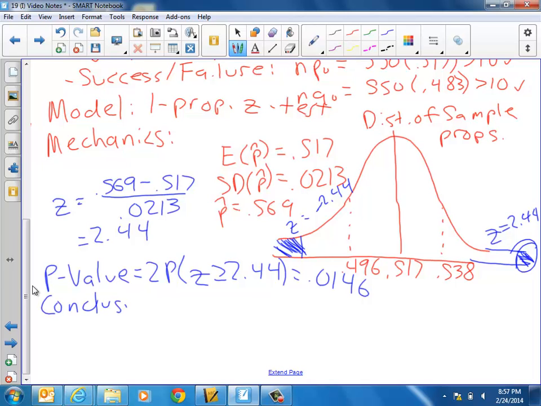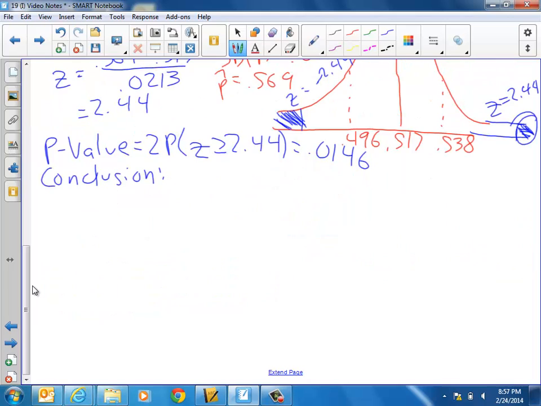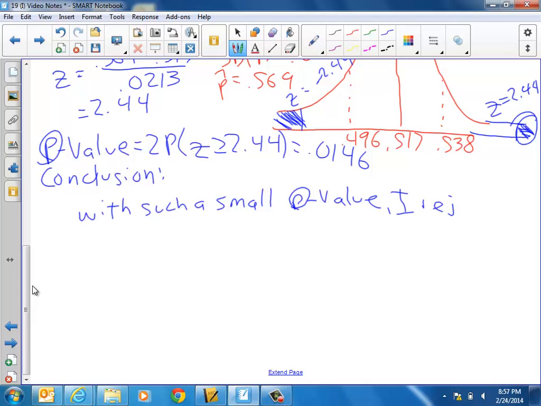Last piece of the hypothesis testing procedure. With such a small p-value, and I guess I'm interchangeably going from capital to lowercase, no big deal there, whichever you want. I reject H naught.